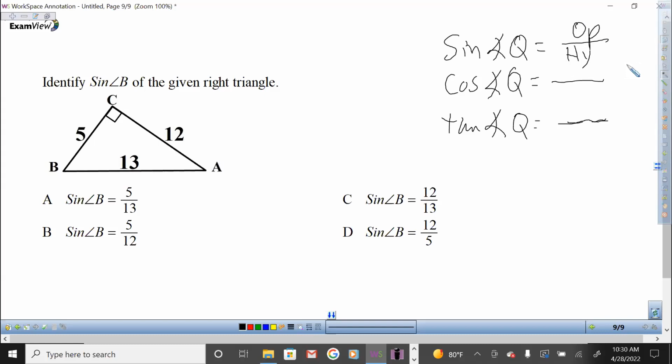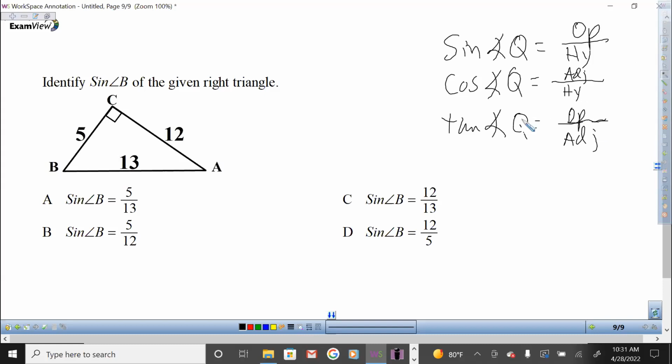Okay, tell your neighbor to find cosine. What goes there? Very good. Adjacent over hypotenuse. And last but not least, tangent. How do we find tangent? Opposite over adjacent. This is the only one that doesn't use a hypotenuse.